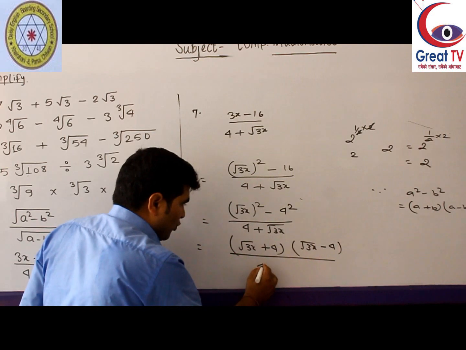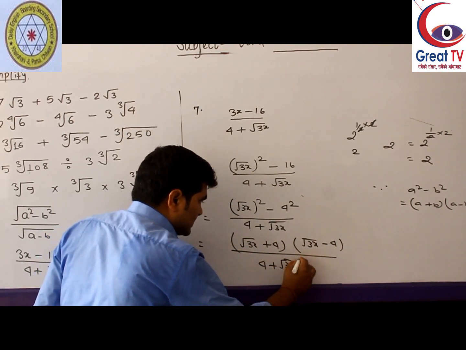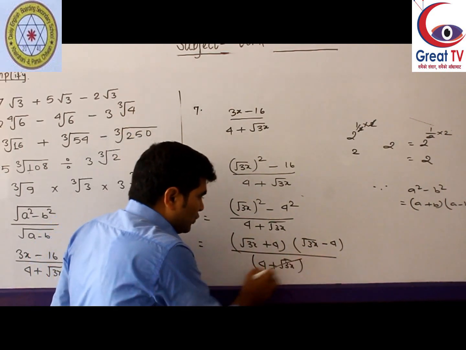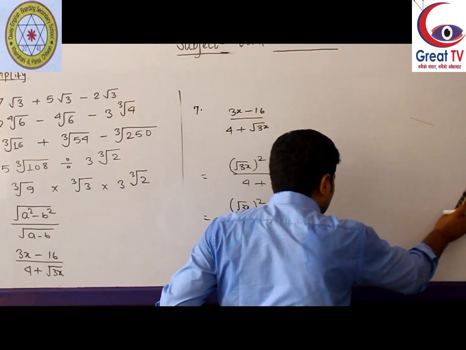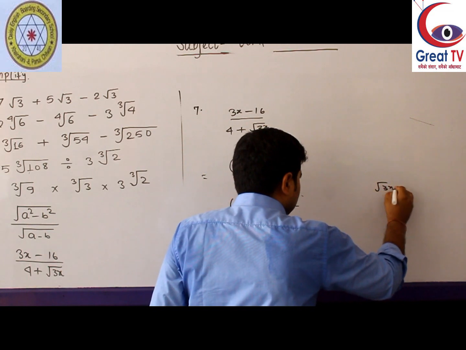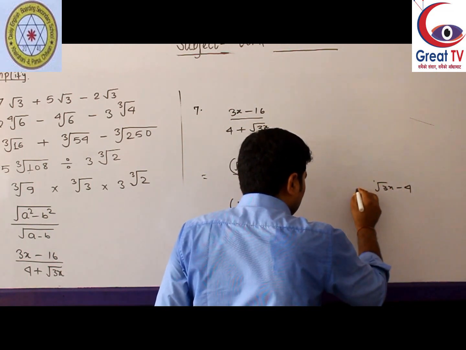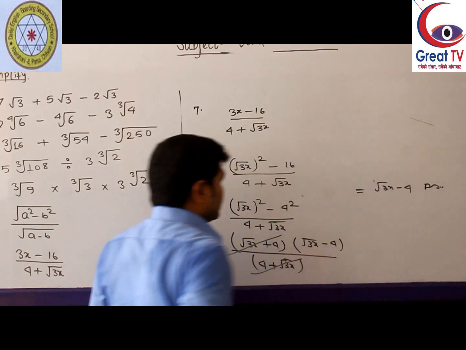Divided by 4 plus root under 3x. Here, these two factors we can eliminate. Now the remaining factor is root under 3x minus 4. This one is the answer to this question.